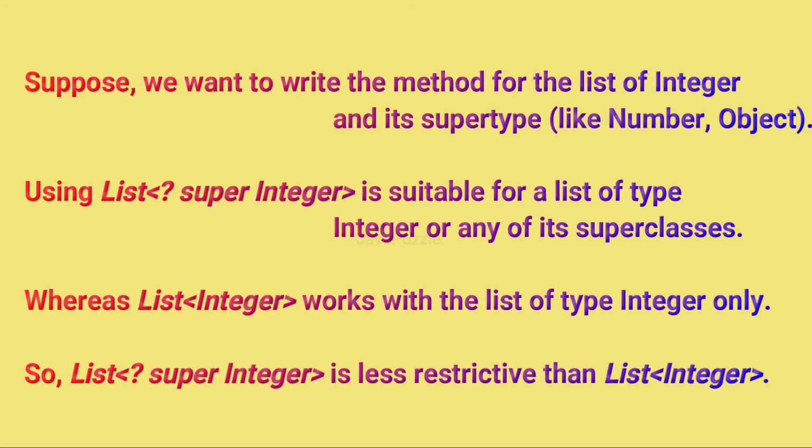Using list with wildcard and super keyword with Integer is suitable for a list of type Integer or any of its superclasses, whereas list of Integer works with a list of type Integer only. So list with super keyword with wildcard is less restrictive than list of Integer.